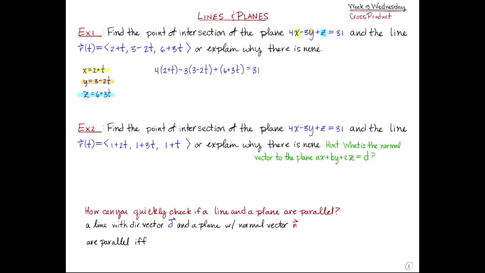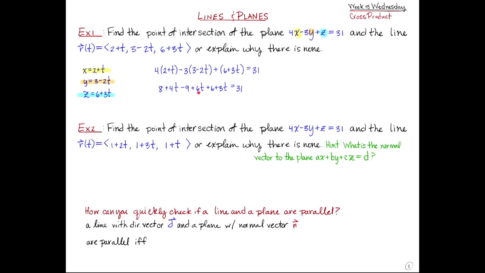Simplifying on the left-hand side, we have 8 plus 4t minus 9 plus 6t plus 6 plus 3t equal to 31.